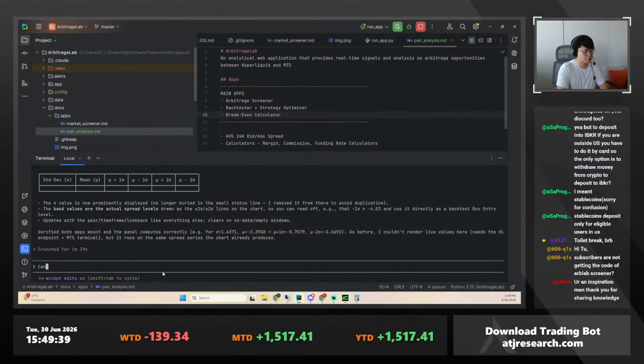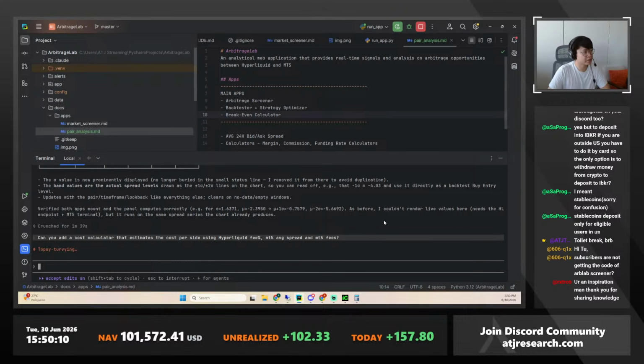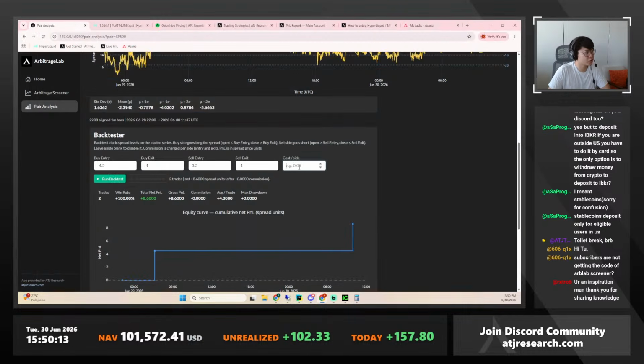Okay, can you add a cost calculator that estimates the cost per side using Hyperliquid fee percentages, MT5 average spread, and MT5 fees. So this is a very simple cost calculator, because sometimes you don't know what the cost per side is.